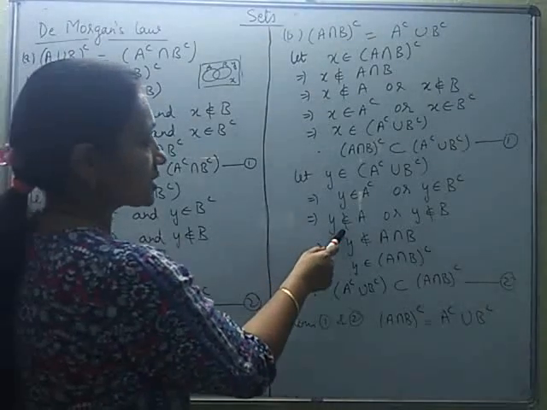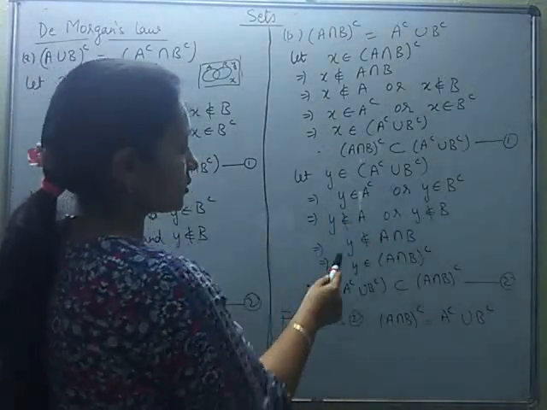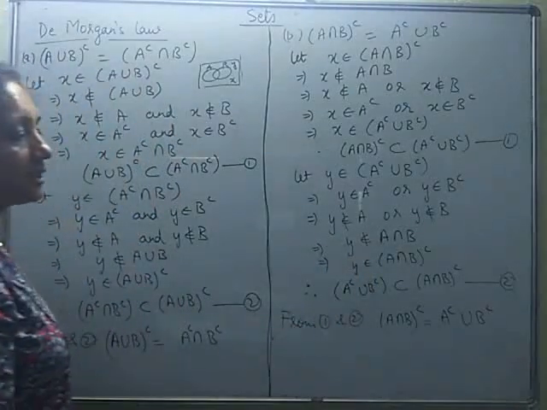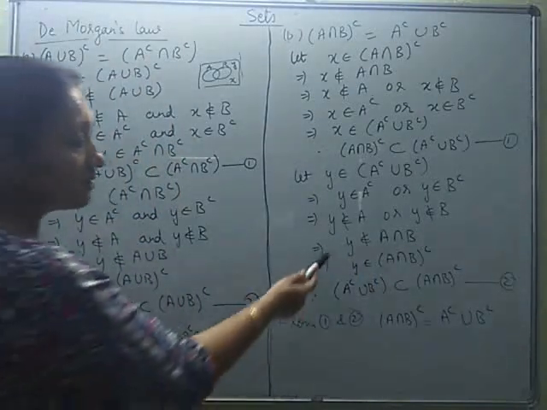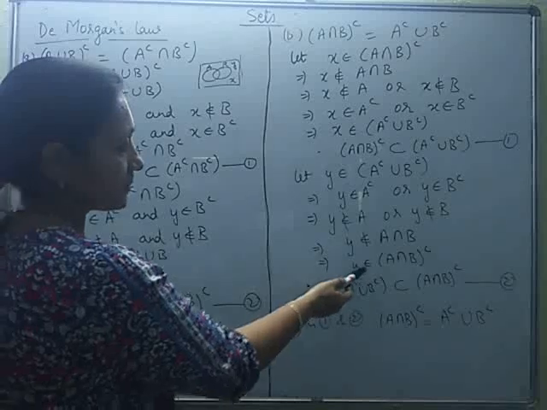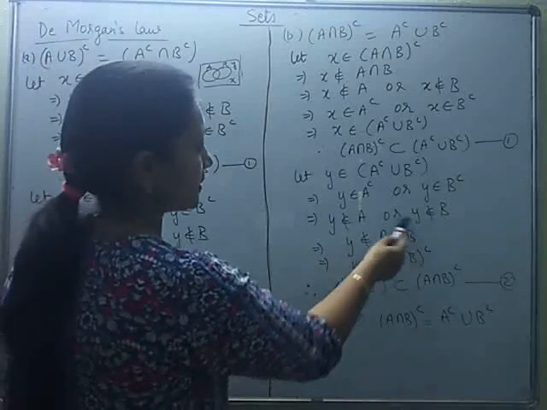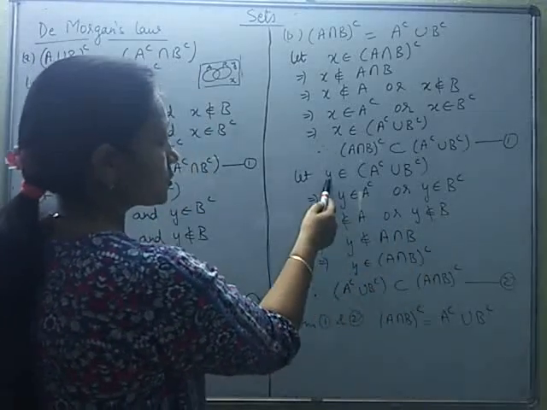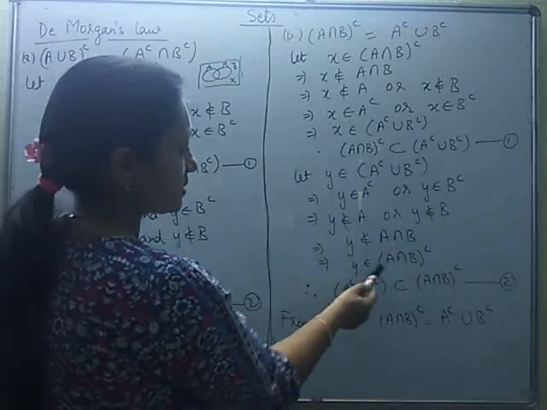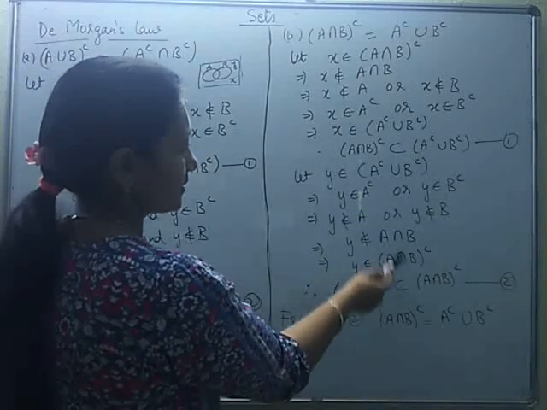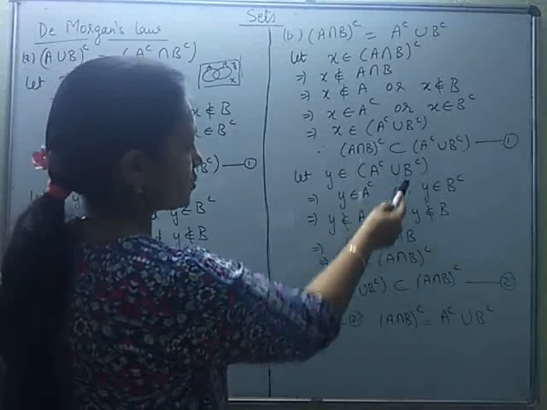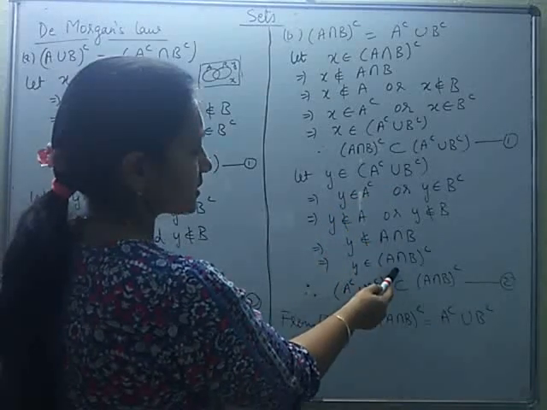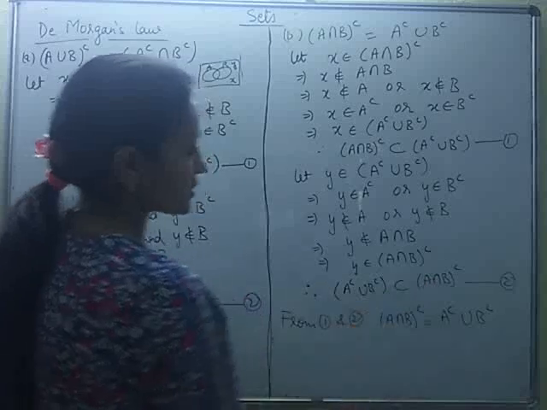So if Y is not an element of A or it is not an element of B, we can say it is not an element of A intersection B. So it is an element of which set? It will be an element of complement of this. Fine. So Y was earlier belonging to this set. Now it belongs to this one. So we can say A complement union B complement is a proper subset of complement of A intersection B.